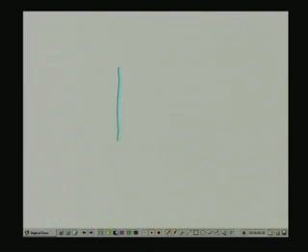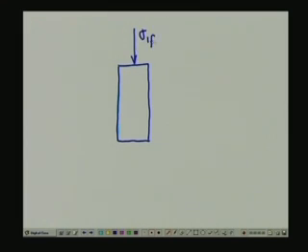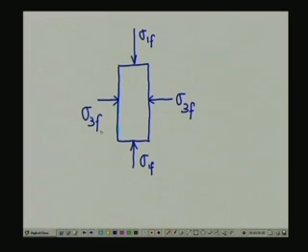If you recall the triaxial sample that we were testing, sigma 1f was in the vertical direction oriented in this manner, and sigma 3f would have developed in this manner for the triaxial test that I illustrated in the last lesson.